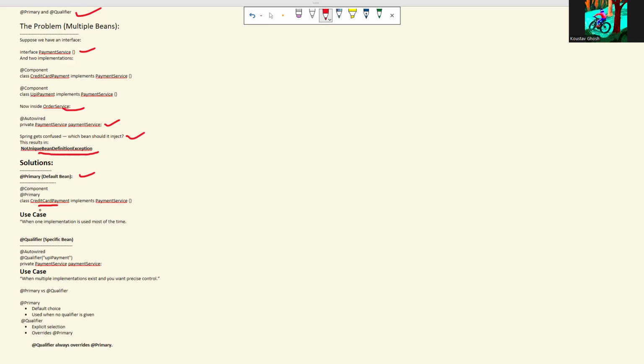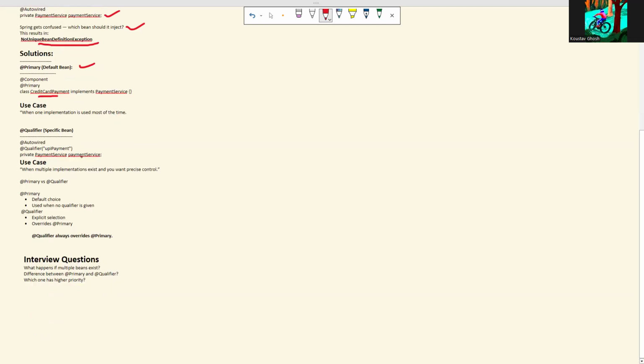Spring will inject the credit card payment and no issue will happen. But for the 10% case when the UPI payment will be used, at that point of time you will set the primary annotation on top of the UPI payment. Okay, so in this way, primary sets the default bean.